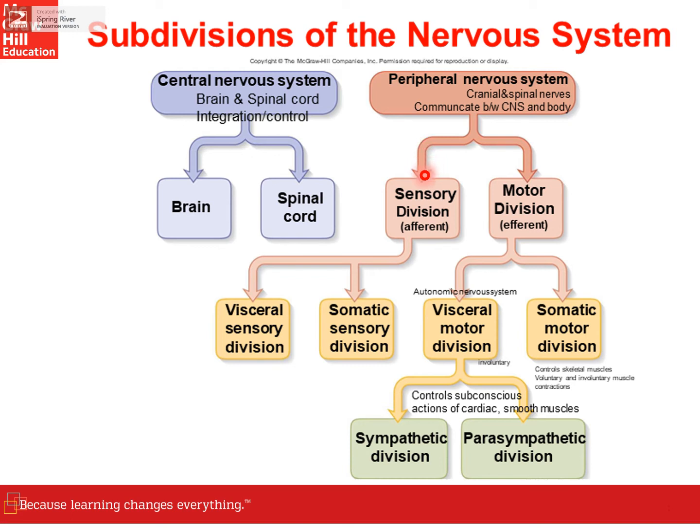Now, the peripheral nervous system can be divided into the sensory division and the motor division. The sensory division is the afferent division.